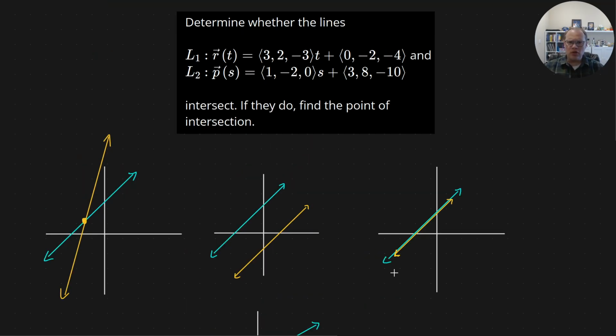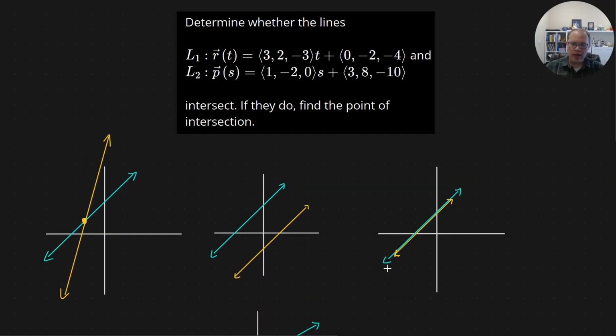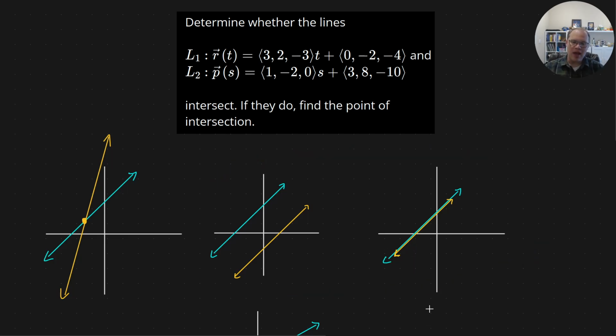So we want to determine if these intersect. If they intersect, we want to find the point of intersection. If they don't, it'd be nice to know if they are parallel or if they're skew. It's actually easiest to test if they are parallel or the same line first. This case is the easiest to test because all we have to do is see if their direction vectors are scalar multiples of each other.